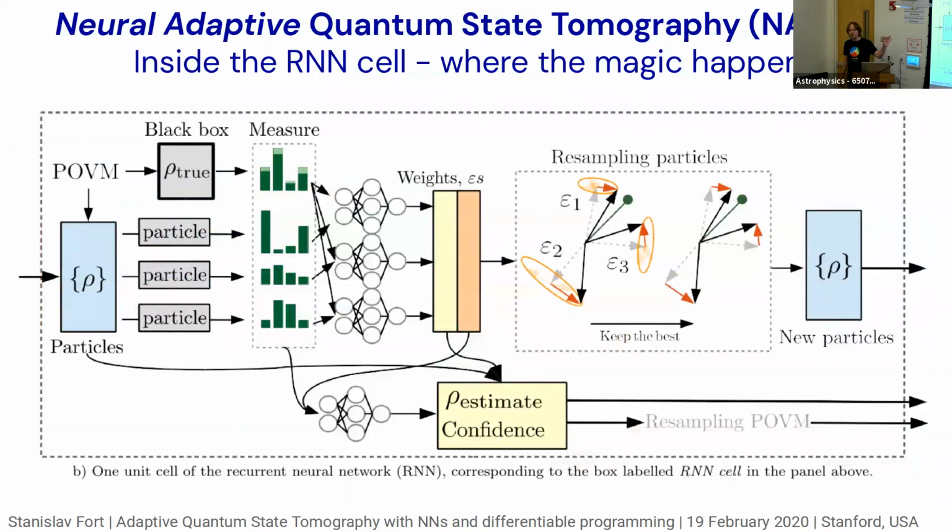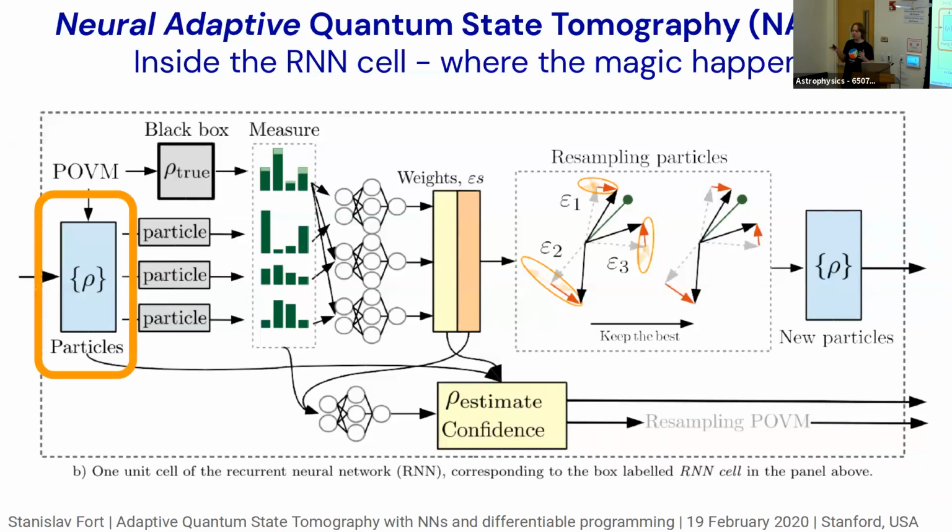Actually this is still a simplified version of the actual thing. I find that describing code in pictures or words is different from actually looking at code. So if you're interested in the actual details, this might not capture everything, but it captures the main essence of the thing. Okay, so we start with a bank of particles that came from the previous steps. Those are the density matrices that the algorithm believes might be relevant to the actual solution.